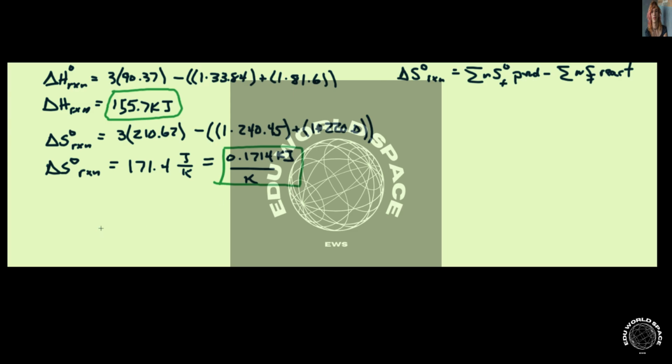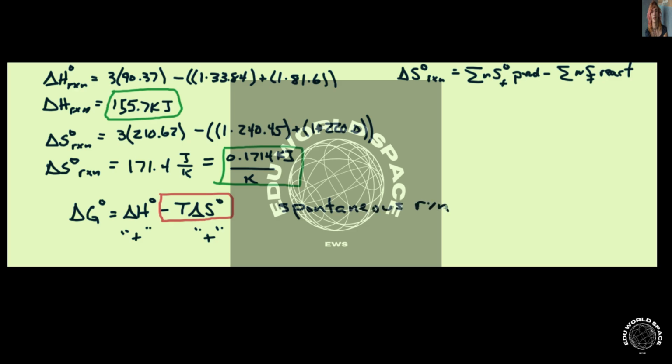Remember, Gibbs free energy is equal to delta H minus T delta S. We have a positive delta H and a positive delta S. That means that for this negative T delta S term, remember temperatures are always positive because in the Kelvin scale, we need the temperature high enough to make this term more negative than the delta H to get a negative delta G. So this tells us that we're going to have a spontaneous reaction at high temperature.